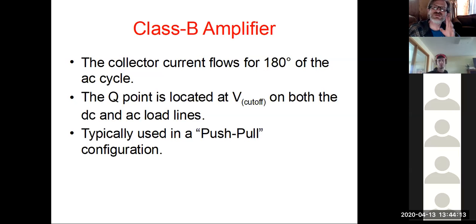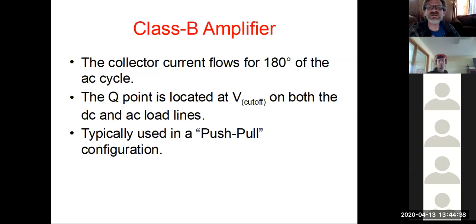A push-pull is like source and sink. What does that mean? Essentially, Class Bs usually use 2 transistors, and when they're running in a push-pull configuration, one is on and one is off, and they alternate back and forth. One will be on and one will be off.